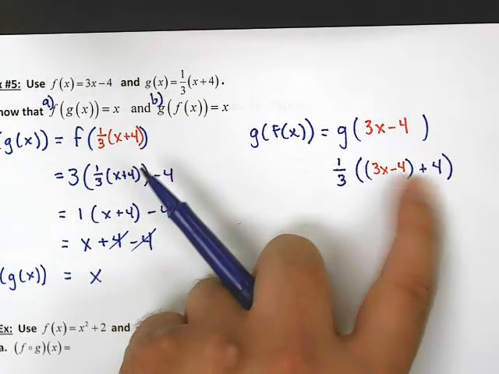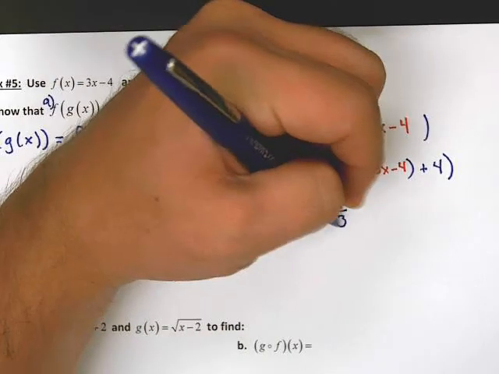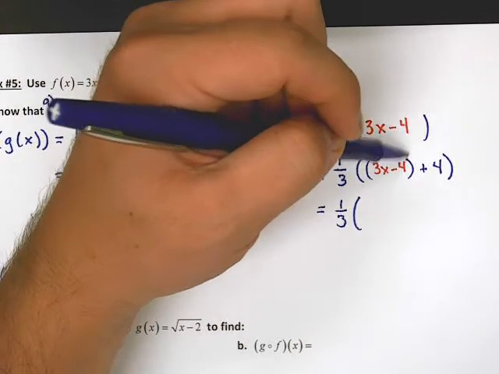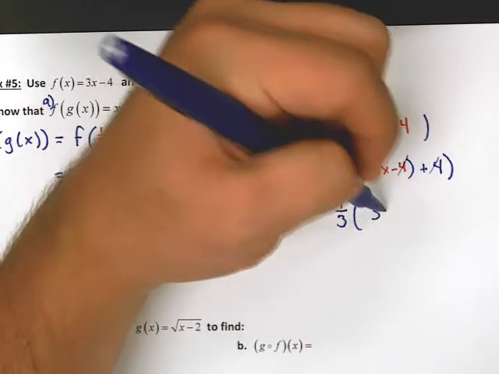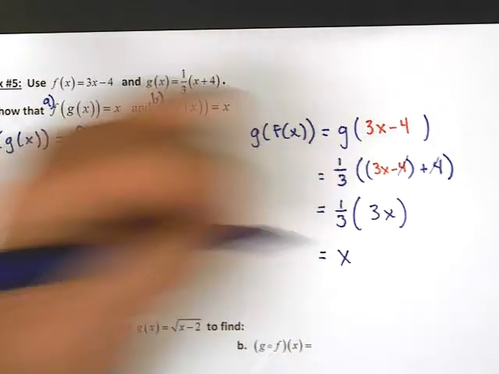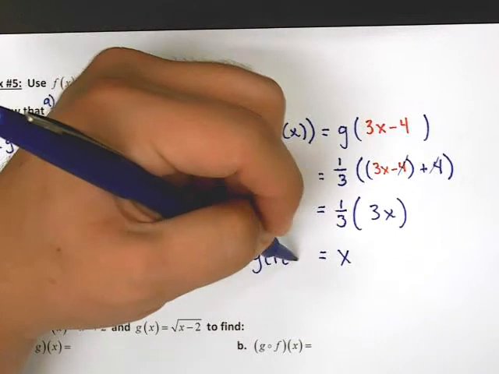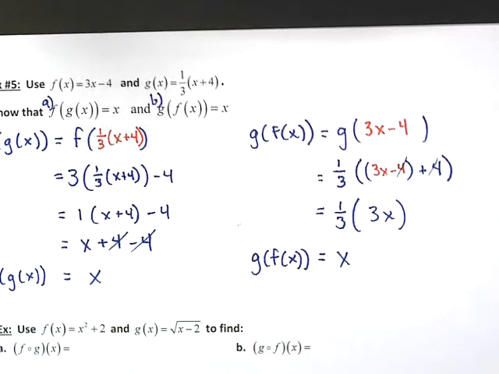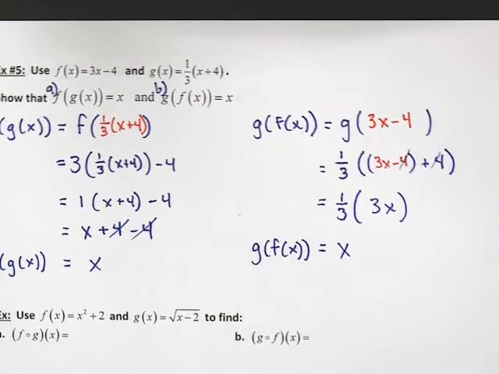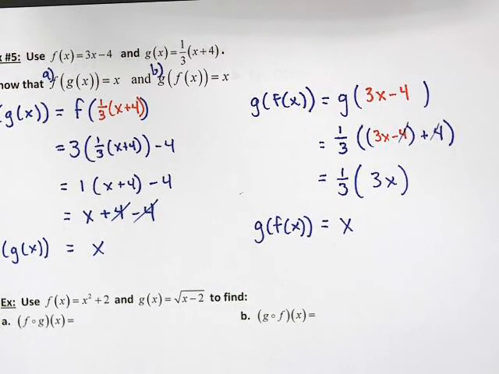So I'm probably going to want to clean this up first, which means I have 1/3 still on the outside. Well, 3x minus 4 plus 4, what happens? Go away, just 3x. And then 1/3 times 3x is x. So I have shown that both f of g of x and g of f of x are equal to x. And that is something that we will talk about in the very near future. Okay, that has significance.